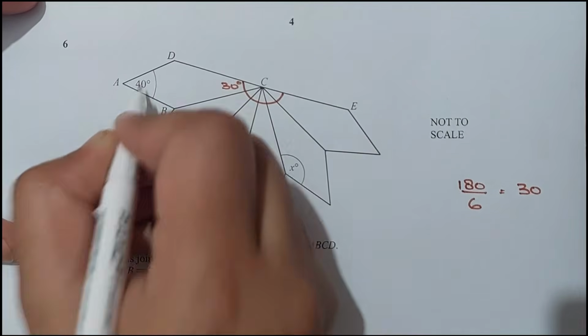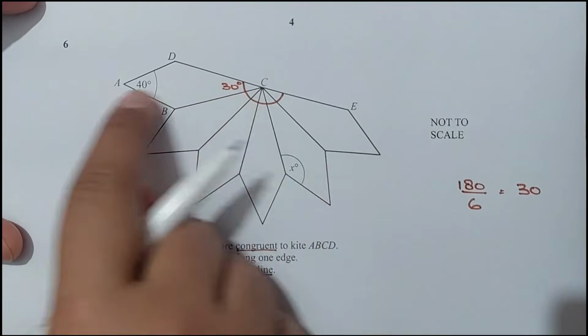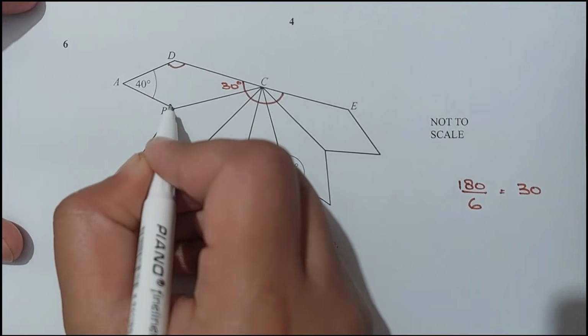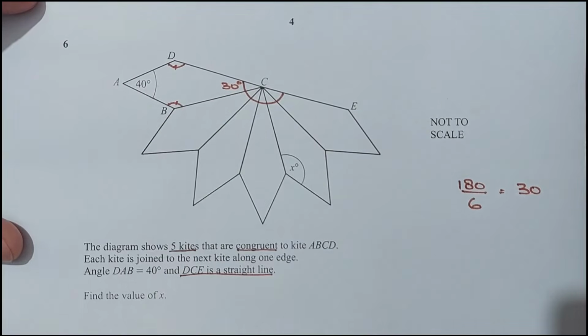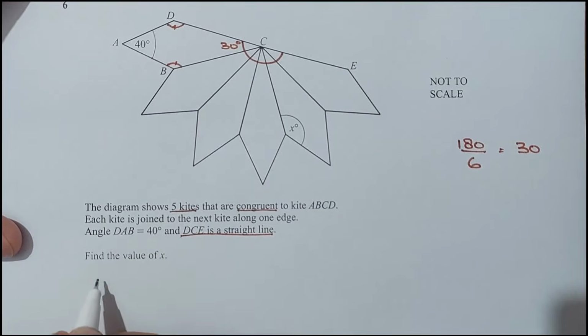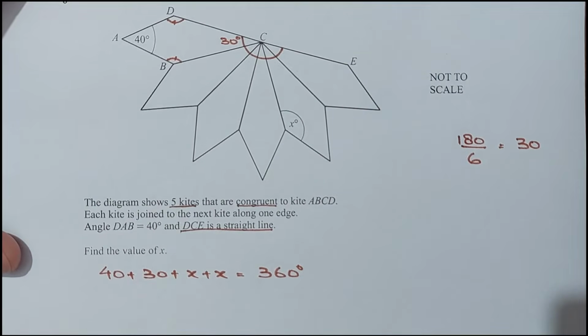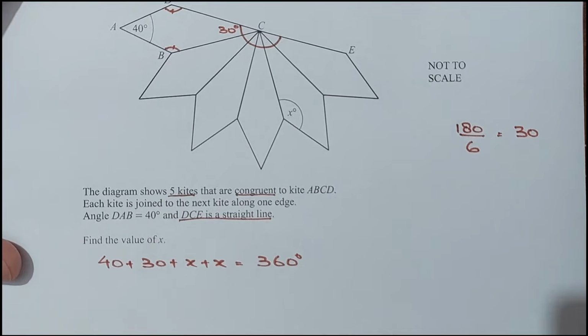This angle is 30, this angle is 40. And we know that in a kite, this angle and this angle are the same angles, right? So we have 40 plus 30 plus x plus x. This sum equals 360 degrees because it is a quadrilateral. The sum of all angles adds up to 360.